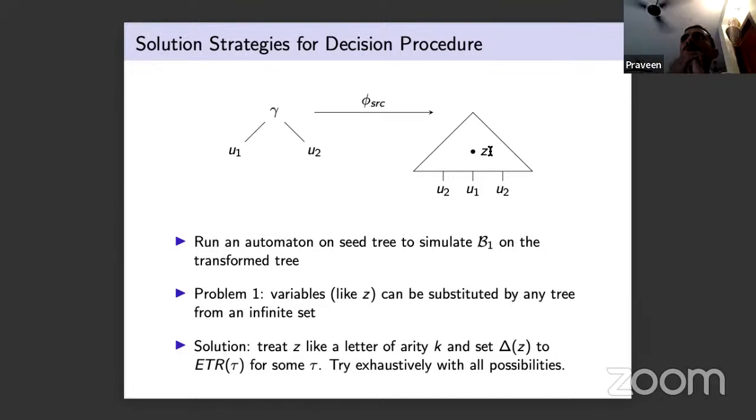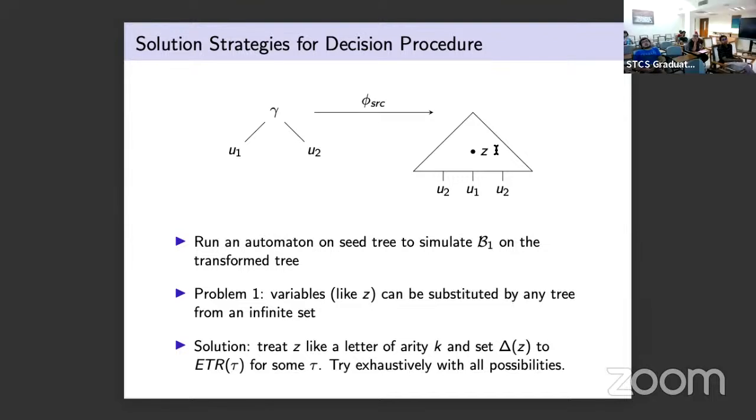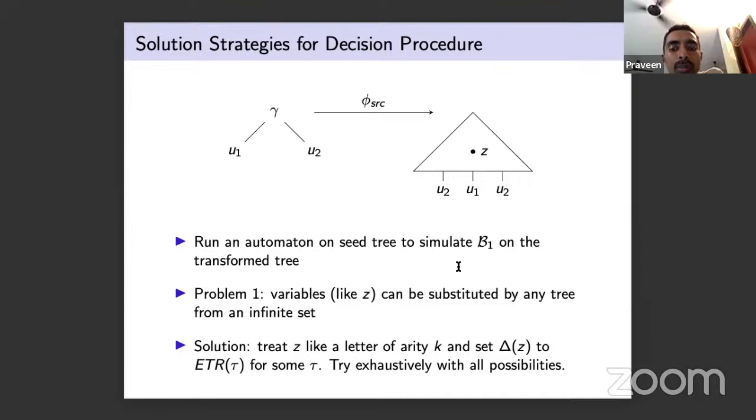So K is the number of holes, because you can plug in any tree to that hole. And when you finally run your automaton B1, the tree that you have hooked to that hole can come with any state. Then you see what is the effect of continuing the automaton and what will be the effect at its root. So that's the idea.